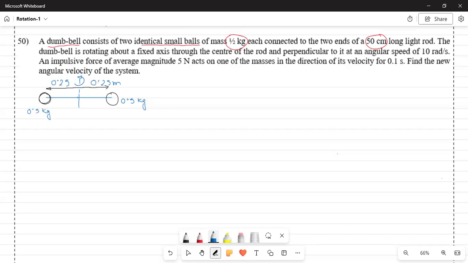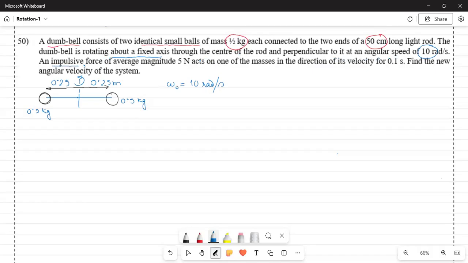Now, the dumbbell is rotating about a fixed axis through the center perpendicular to it with an angular speed 10 rad per second. So initial angular speed omega 0 is given, it is 10 rad per second.